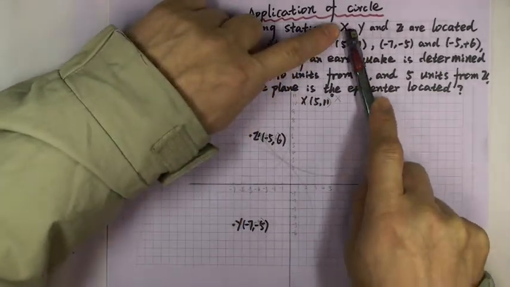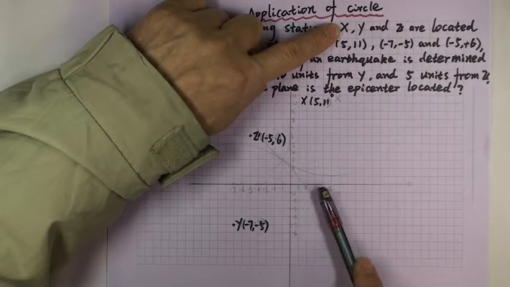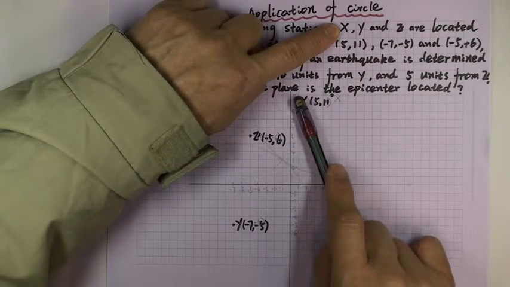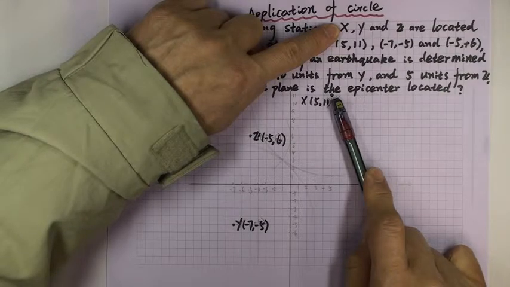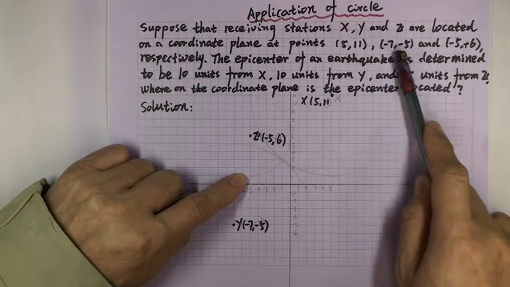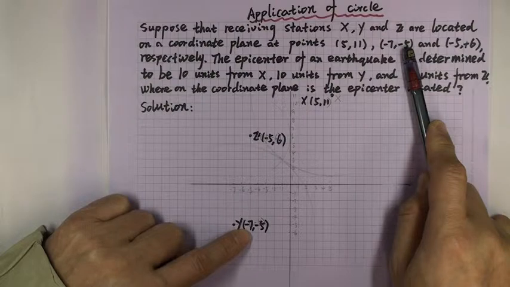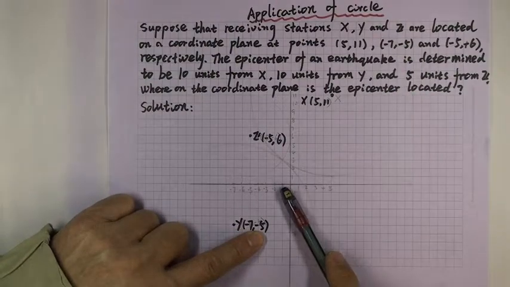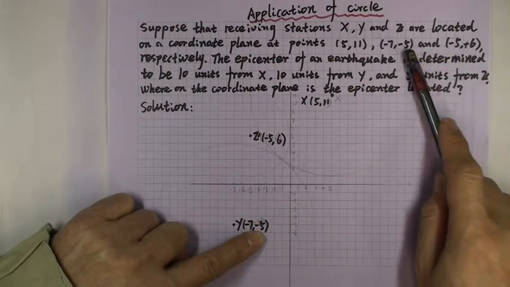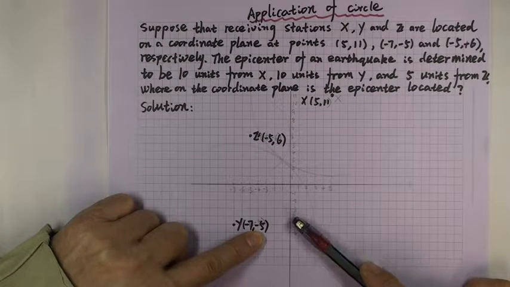(5, 11) is X, so X is 5, and then 1, 2, 3, until 11. So this point, (5, 11), is X. Y is (-7, -5), so -7, and then -5.